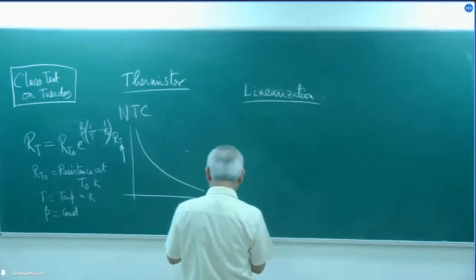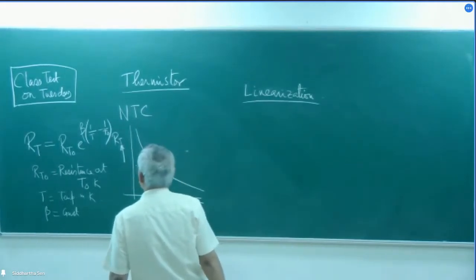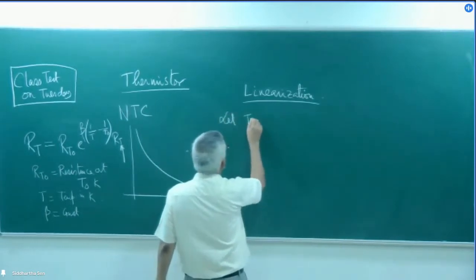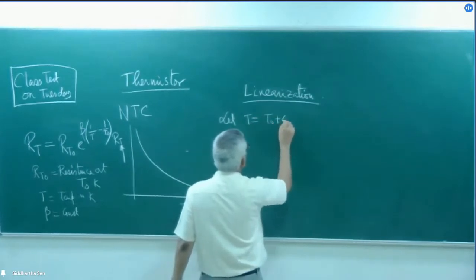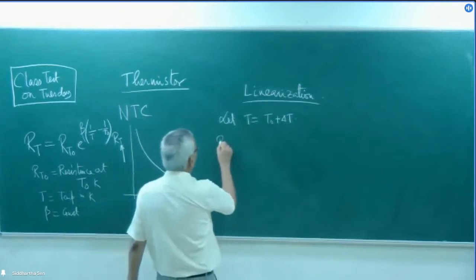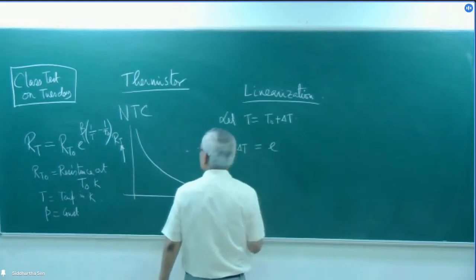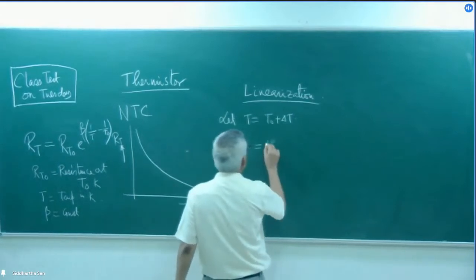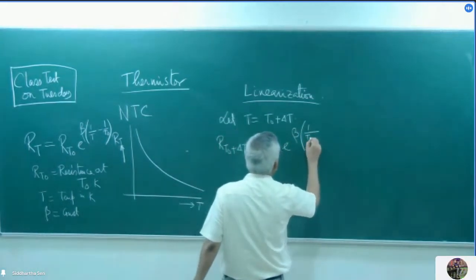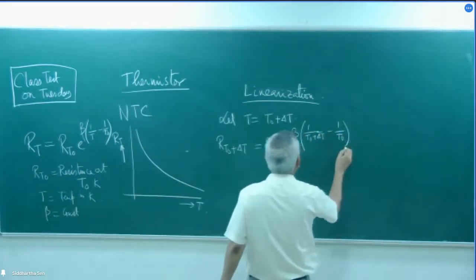For linearization, first let T be equal to T0 plus delta T. Then RT0 plus delta T is equal to RT0 into e to the power beta into 1 by T0 plus delta T minus 1 by T0.